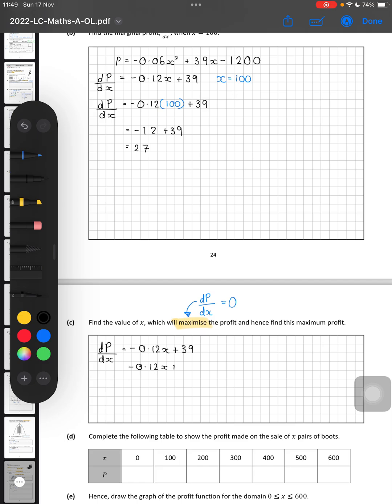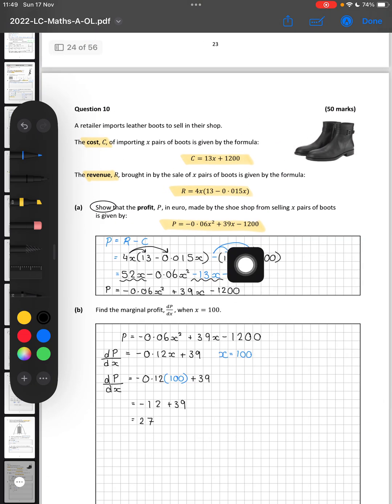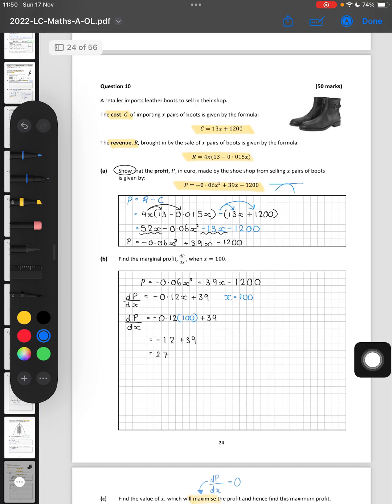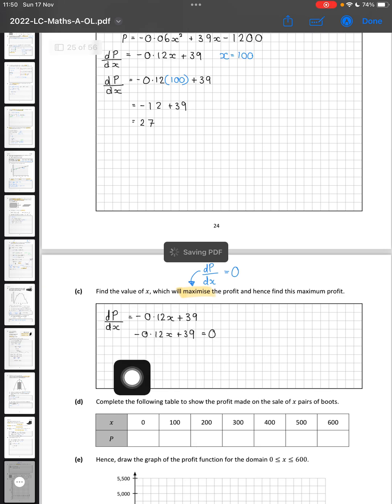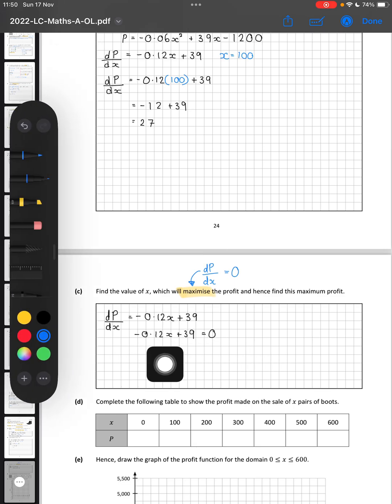It's worth noting here, because in one of the other questions in this, I was given a cubic, so I had gotten a max and a min. Here, my original profit was a negative quadratic, so it was a sad face quadratic. So I'm only going to have one turning point, and that is the max. It's just going to give me my one turning point here, which I need to find.